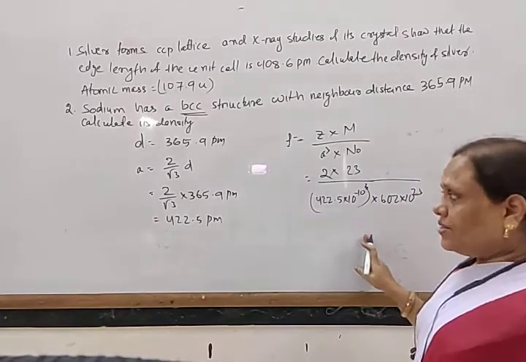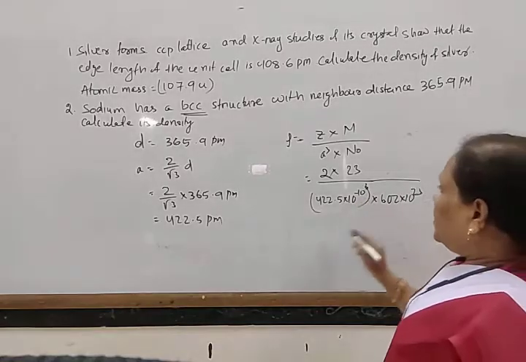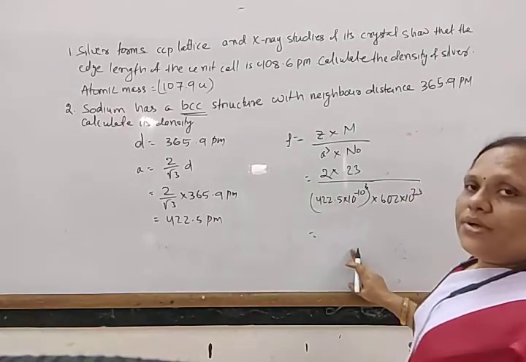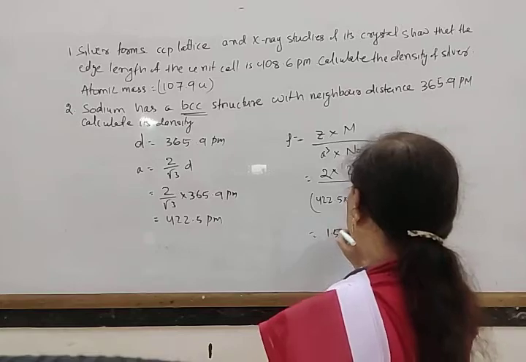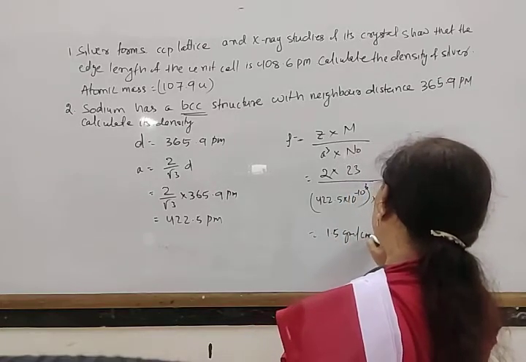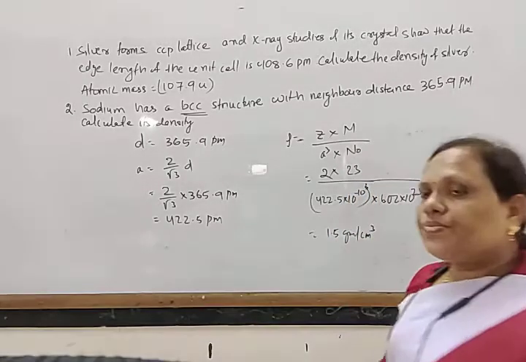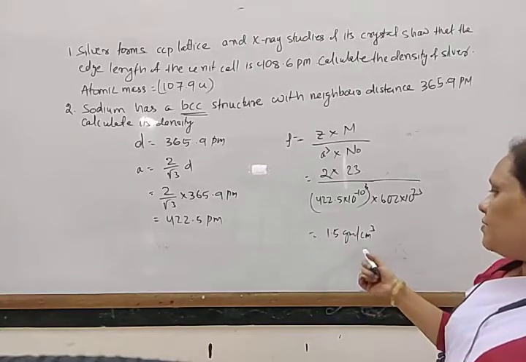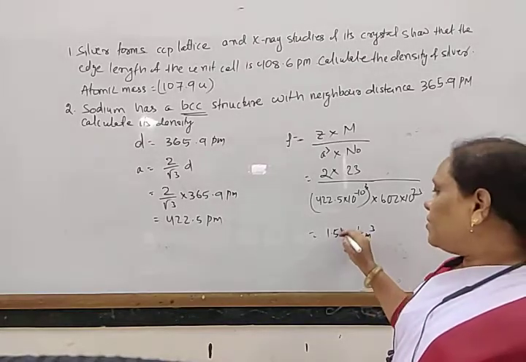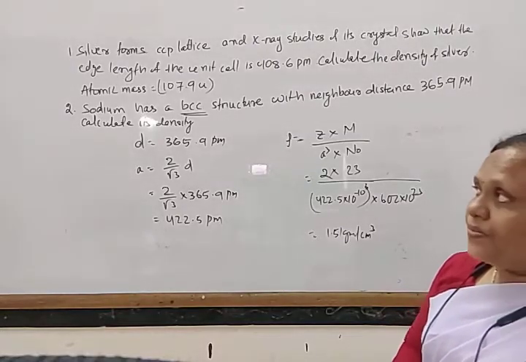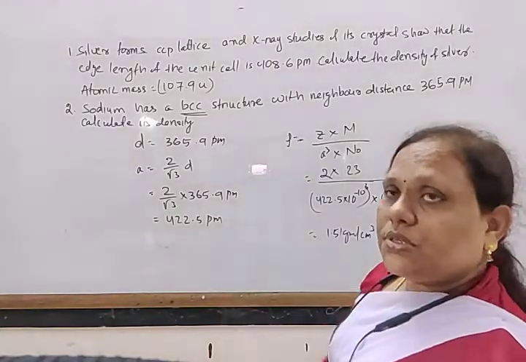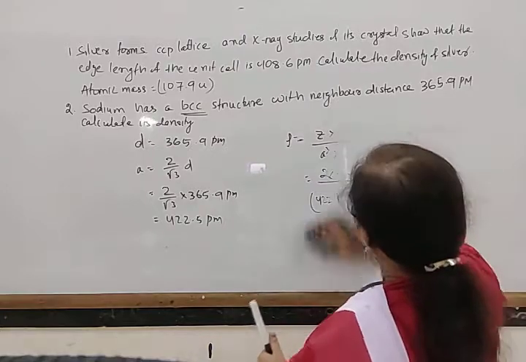So put all these values and calculate the value of rho. It is found to be 1.51 gram per cm cube. Okay, so this is question number 2. Next come to question number 1.